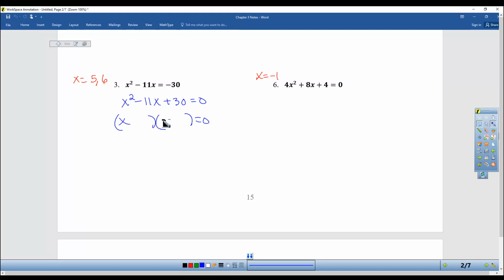Well, your first thoughts for 30, when you have choices of 1 and 30, 2 and 15, and 5 and 6, oh, and 3 and 10, lots of choices, should always be the two that are closest together. And since they do make 11, then you can go ahead and just finish this without using the quadratic formula.